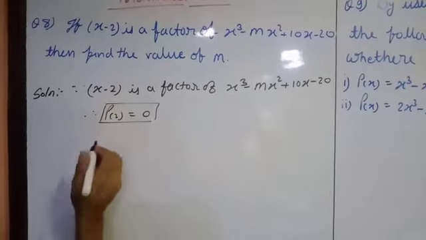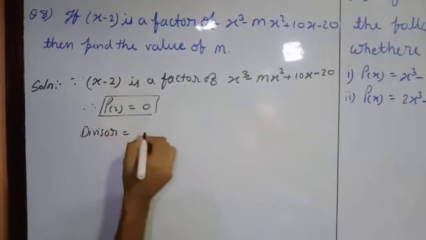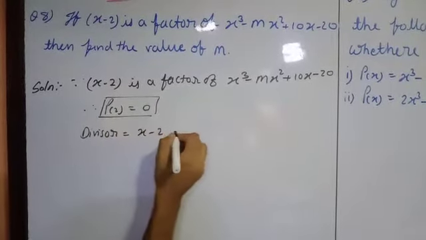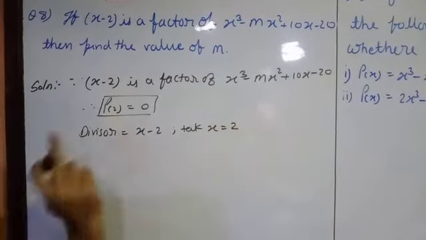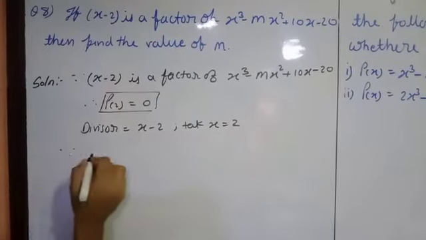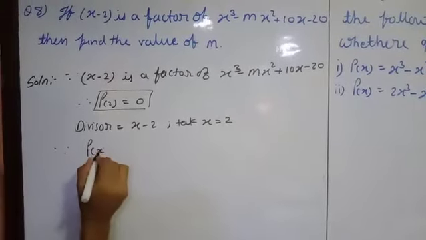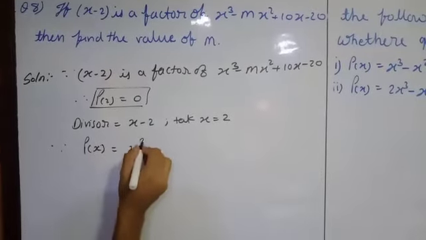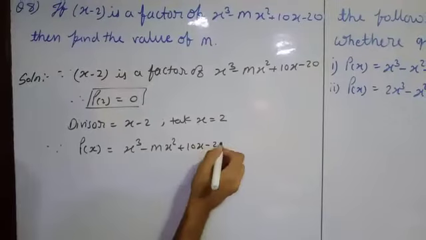How did we get P(2)? Because the divisor is x minus 2, take x is equal to 2. So we got P(2). Because we have the polynomial P(x) is equal to x cube minus mx square plus 10x minus 20.